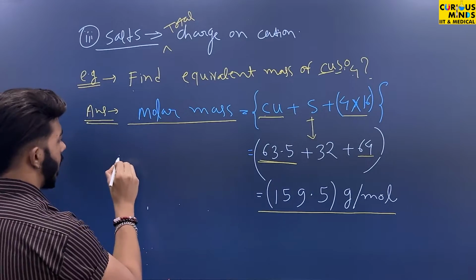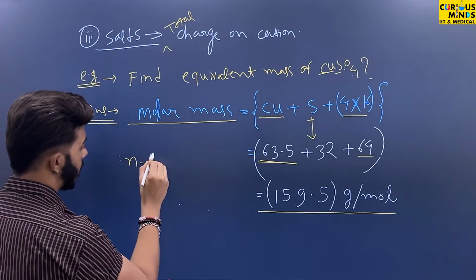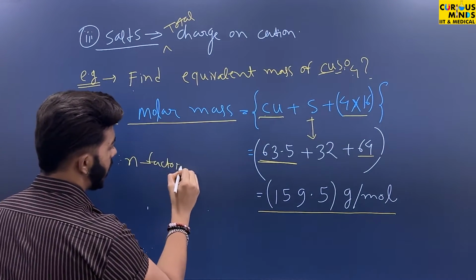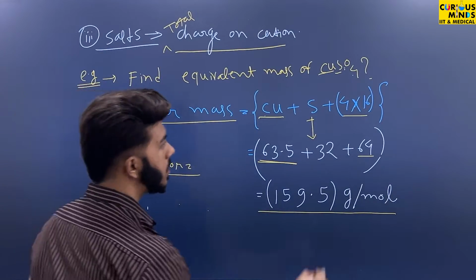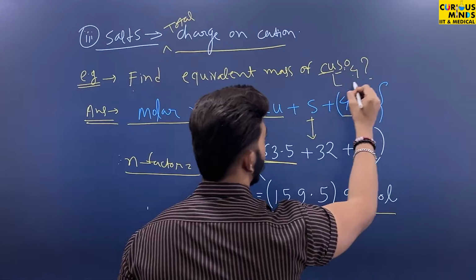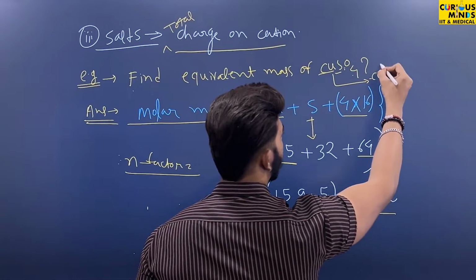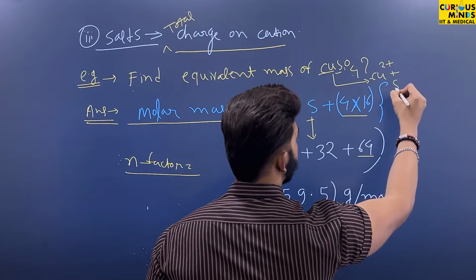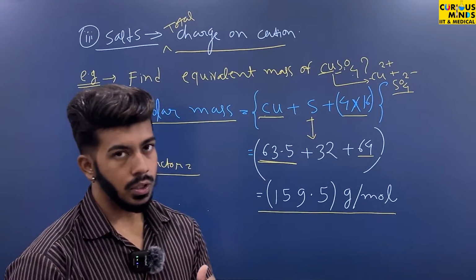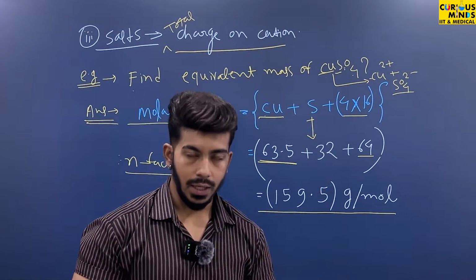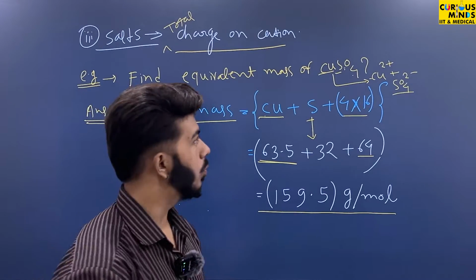Now let's find the N factor. What will be the N factor? Just look at the formula. Total charge on cation. If we dissociate it, what will come? If I dissociate it, it will become copper 2 plus, which is the cation, and the anion will be sulfate, SO4 2 minus, right?